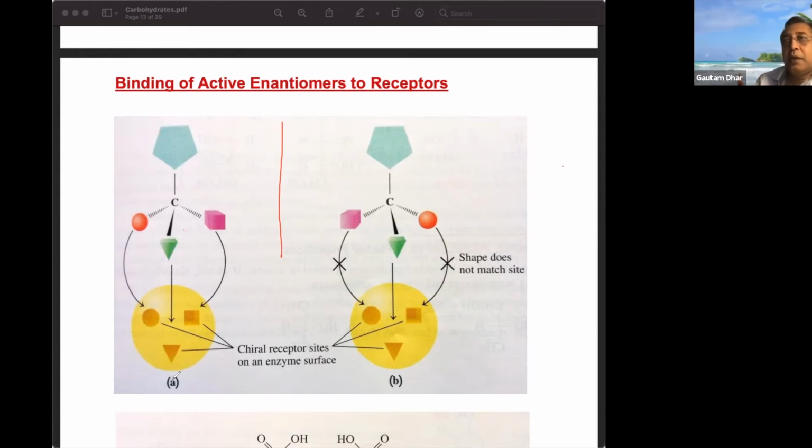Like if somebody presents a hand for shaking, you can shake the right hand to the right hand, but you cannot shake the right hand to the left. They do not fit. It's the same as a handshake. The enzyme projects a hand to grab something, and it has to match exactly. The mirror image doesn't match, so the other enantiomer is not recognized by the enzyme.